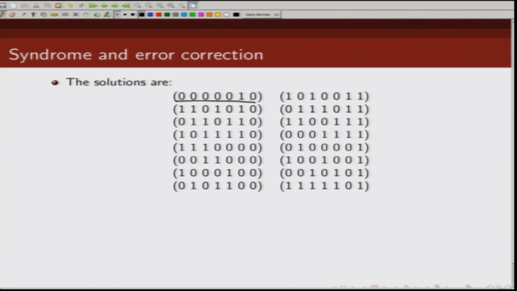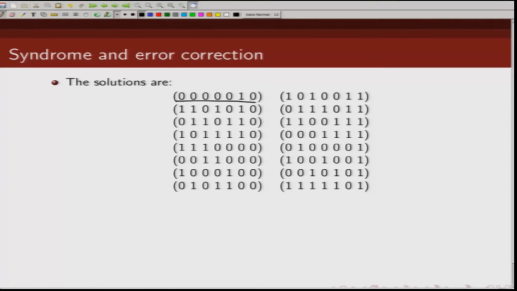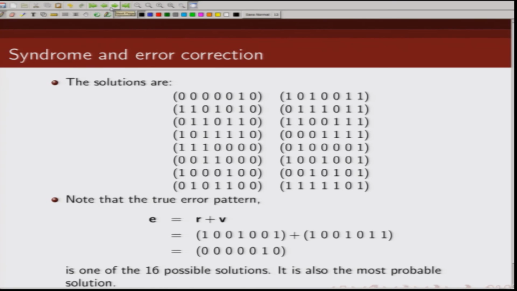You can check, this one has the least number of ones. So, out of those 2 to the power 4 solutions, this is the most likely solution, and we can verify this also, because we were given the received sequence and we knew what the transmitted sequence was. The error pattern indeed was this, which we found by solving this set of equations.